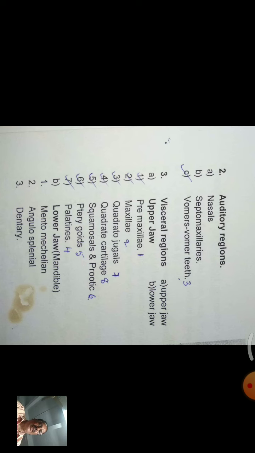Now the third one, visceral region. The visceral region mainly consists of upper jaw and lower jaw. First one, upper jaw.